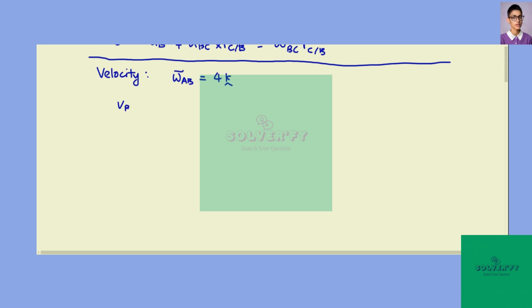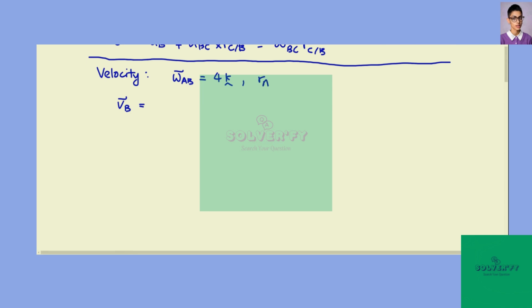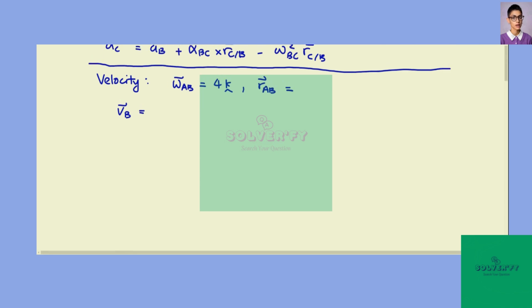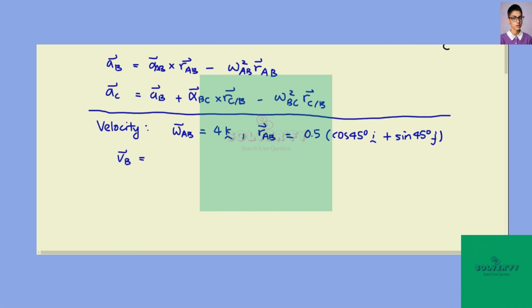From the question, RAB is 0.5 times cosine 45 degrees I plus sine 45 degrees J. So VB is omega AB cross RAB.